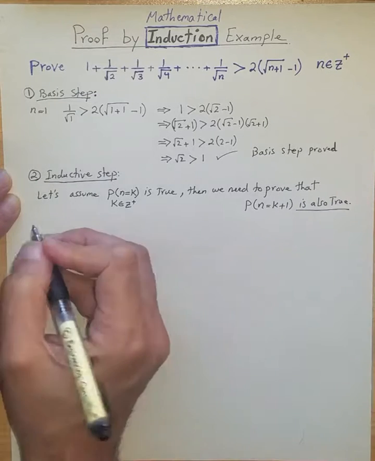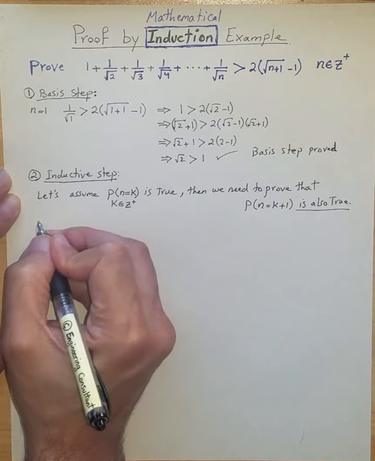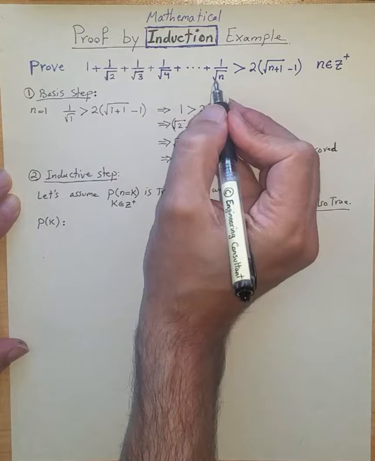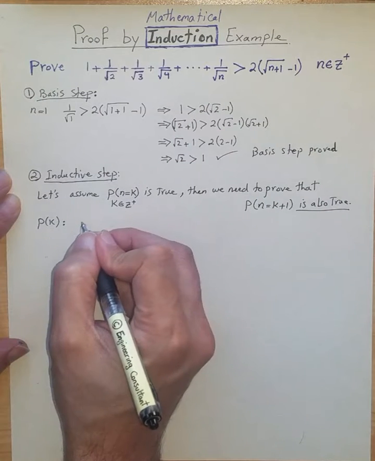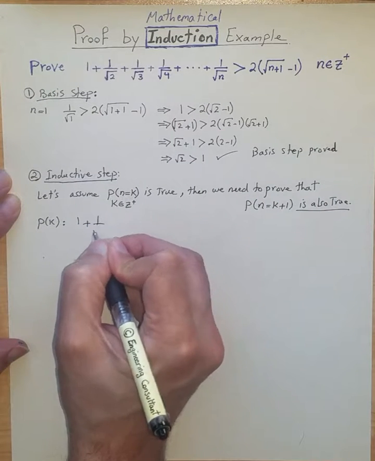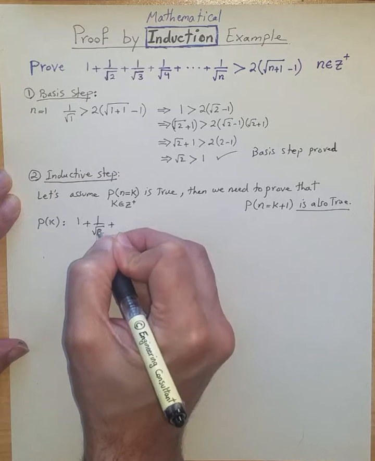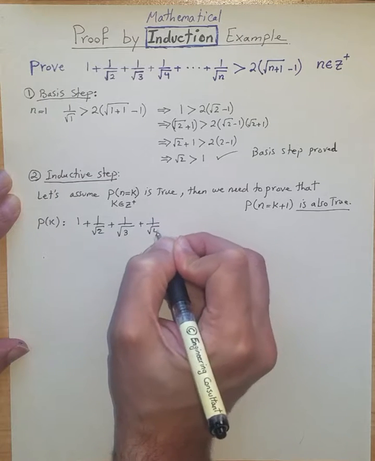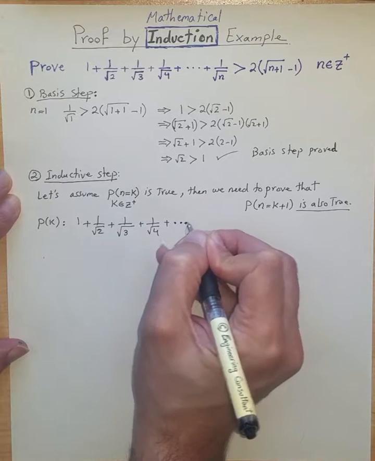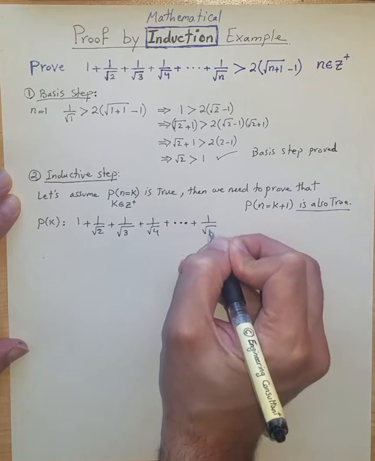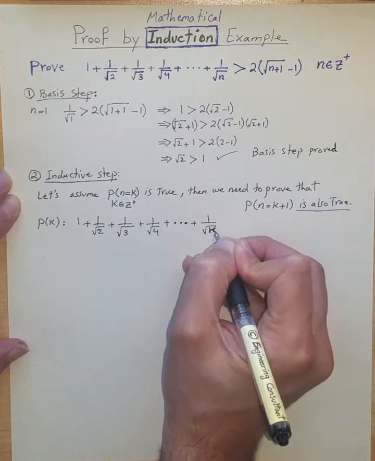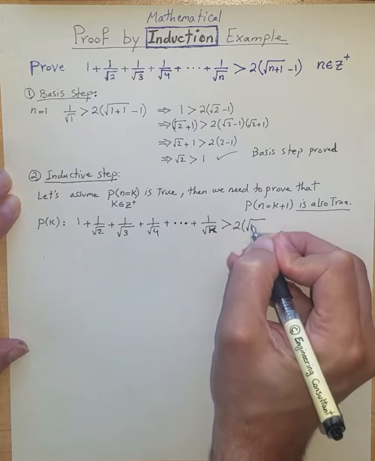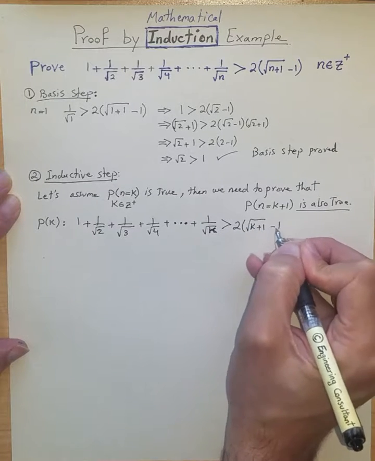So what is happening here? Well, we are saying p of k, which means this statement when n is equal to k, is true. So we are saying 1 plus 1 over square root of 2 plus 1 over square root of 3 plus 1 over square root of 4 and so on, plus 1 over square root of k, is greater than 2 times square root of k plus 1 minus 1.